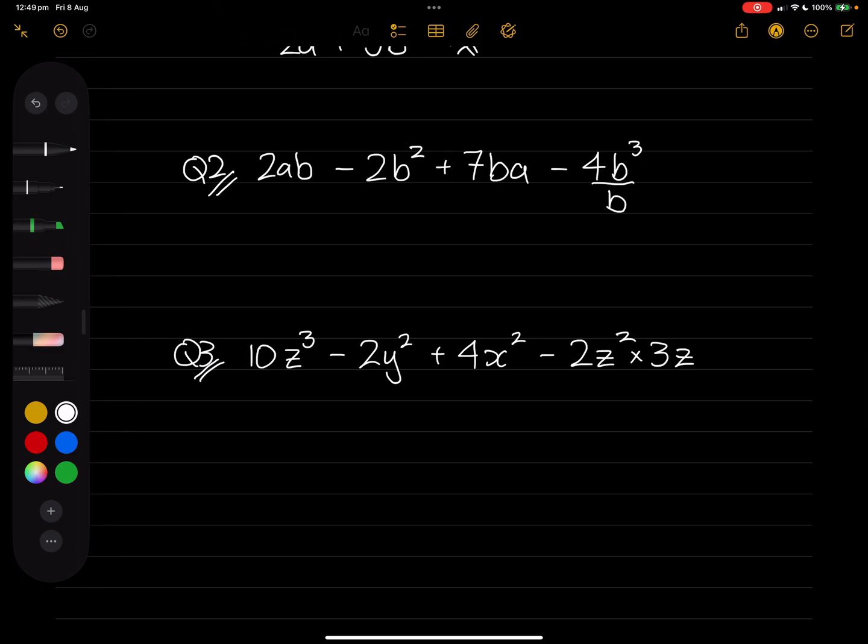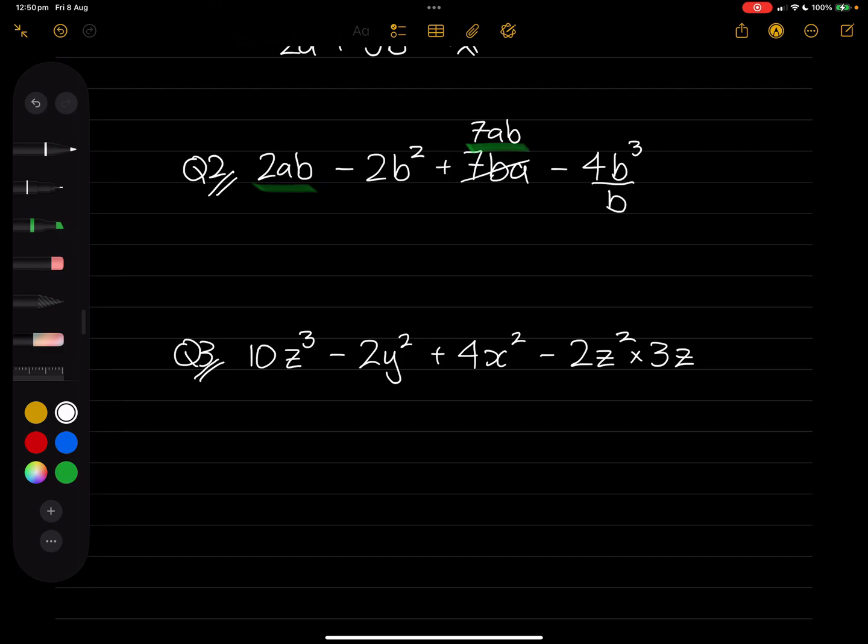Now for the second question here, we have to be a little more careful. We have 2ab, minus 2b squared, then we have 7ba. Well, actually 7ba is the same as 7ab. If you have algebra pronumerals and they're all bunched together, you're allowed to swap their order. So this and this are like terms.